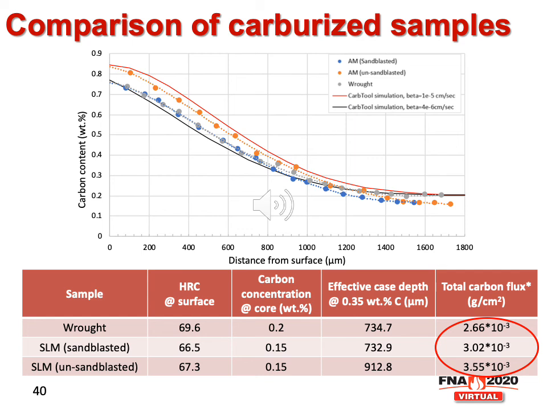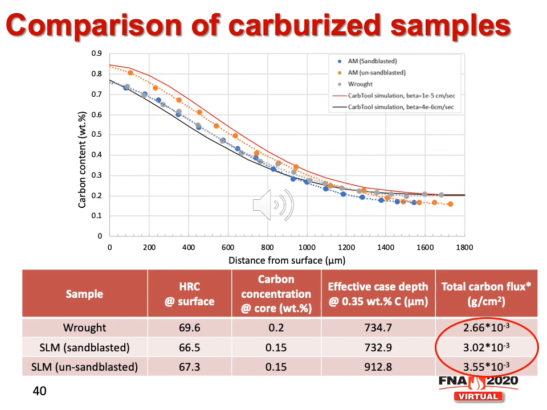Then we made some change to the mass transfer coefficient. We decreased it. Then we got a good agreement with the results for the selective laser melted and wrought part. This shows how we can use the CARB tool to simulate the carbon concentration profile and get good agreement with the experimental results.